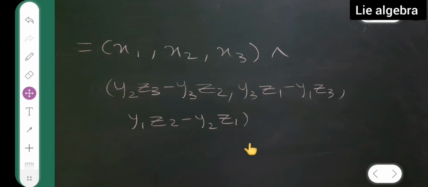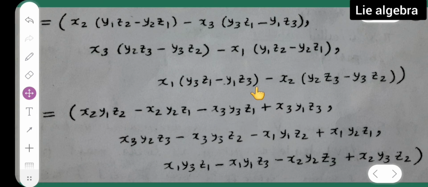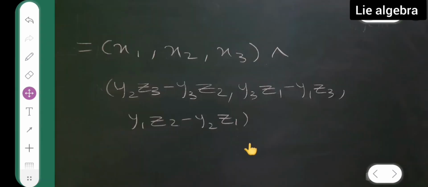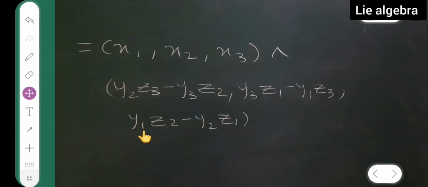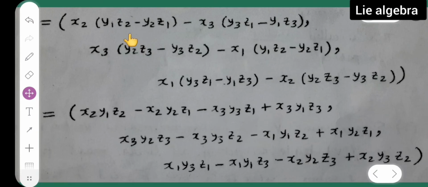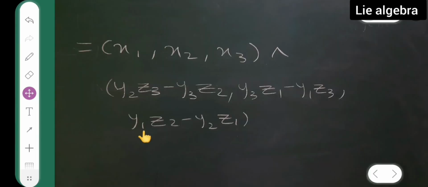Next what I have done over here is, now x2 into this. Now what is my x2? x2 into y1 z2 minus y2 z1.